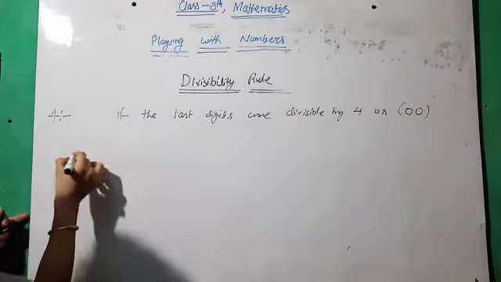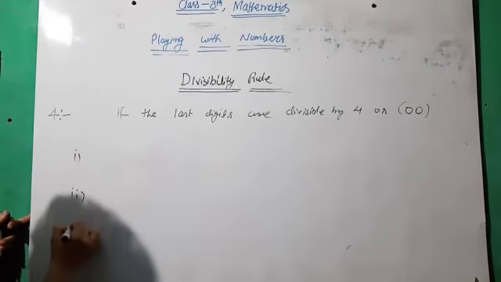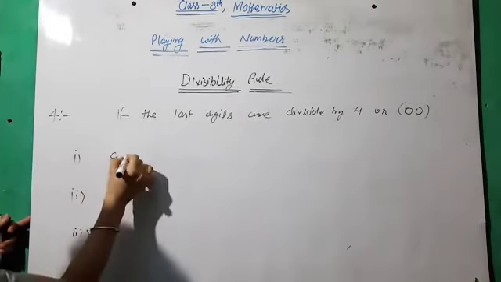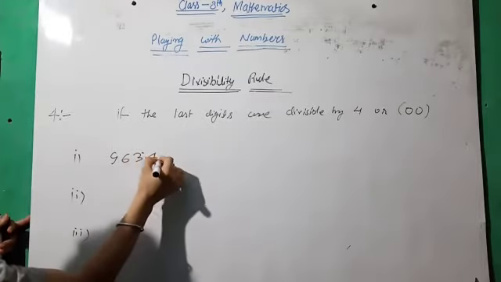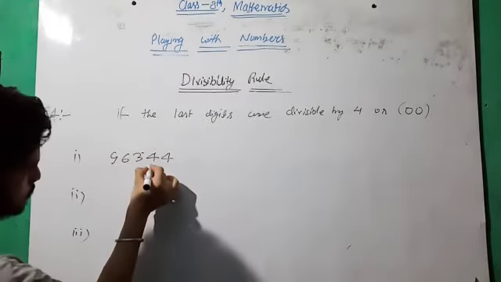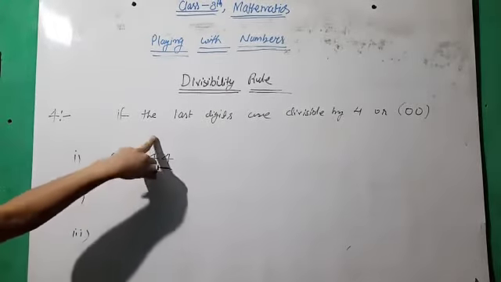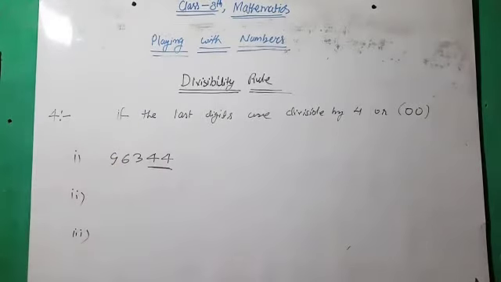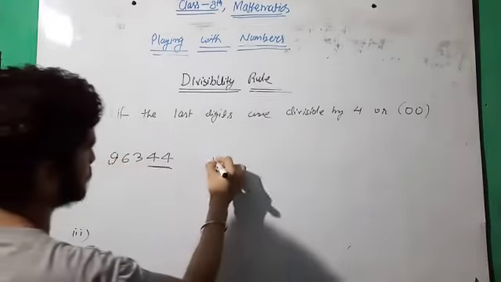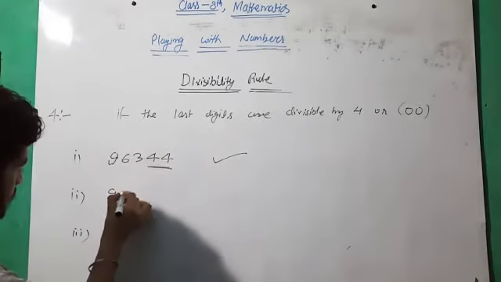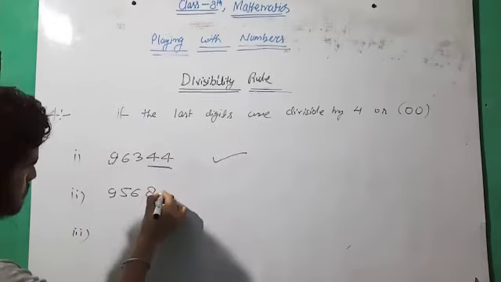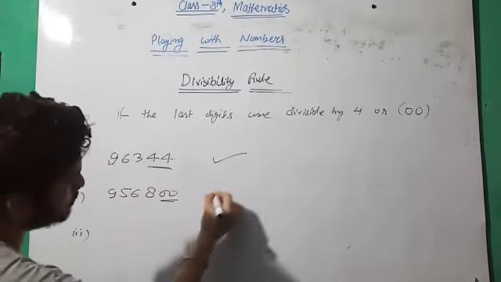Taking some examples, first one, 96344. The last two digits are 44. 44 is divisible by 4 because 4 elevens are 44. So this is divisible by 4.